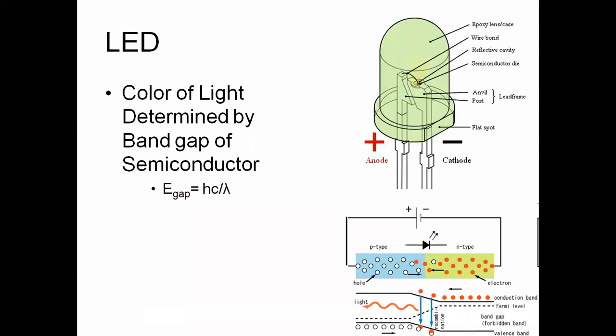The electrons in the n-type, as the majority carrier, will try to cross the barrier, the depletion layer, and some of the electrons will enter into the p-type, isn't it? And the holes, which are the majority carrier in the p-type, will try to move into the n-type by crossing the barrier.